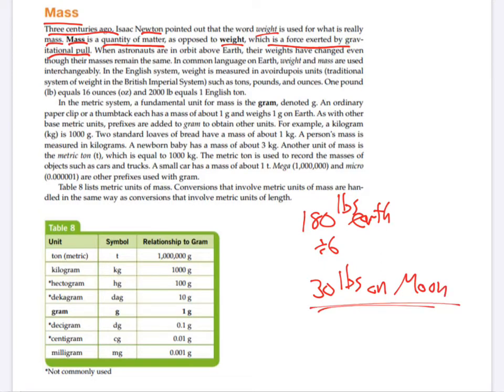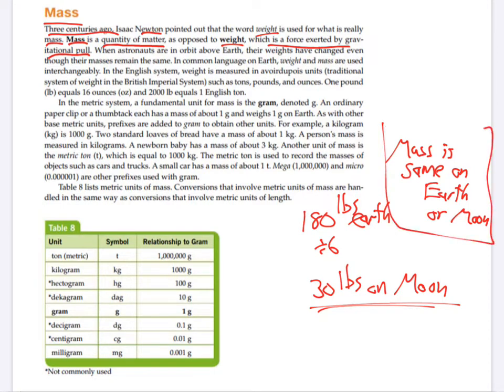Now, your mass, the amount of body you have, is the same on Earth or the moon. Does that make sense, the difference between mass and weight? Your mass doesn't change. The amount of actual body material you have is obviously the same on the Earth or the moon.